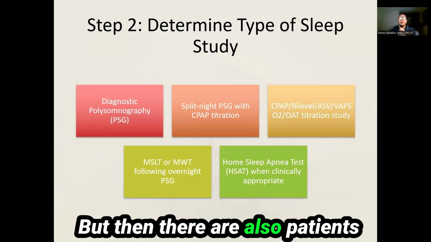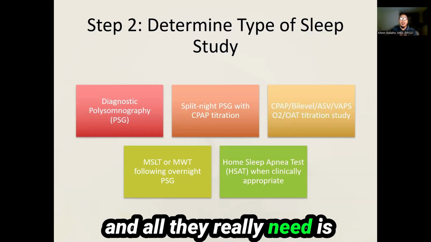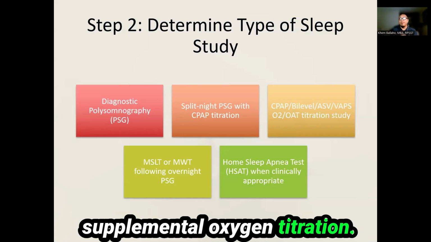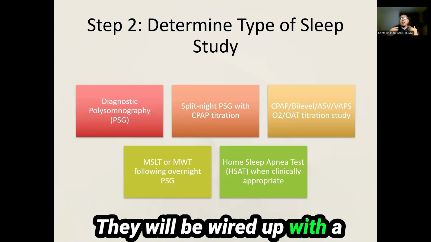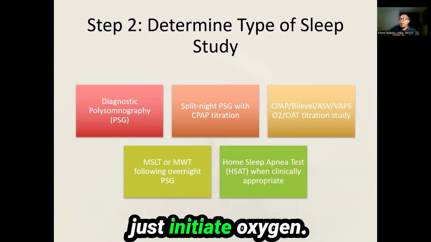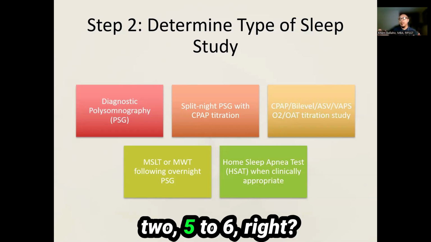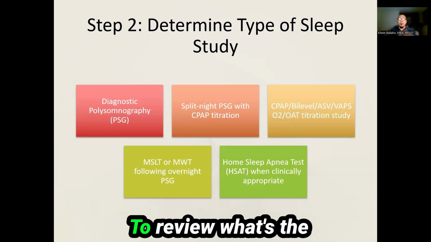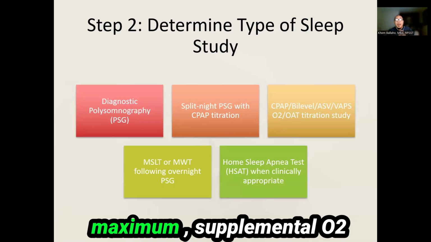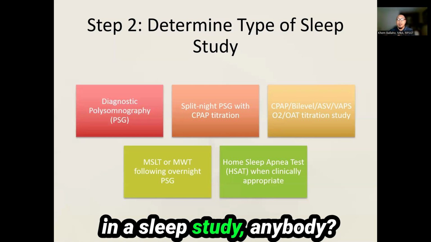But then there are also patients that will come in, get evaluated, and all they really need is a supplemental oxygen titration. They will be wired up with a full setup, and then the tech will just initiate oxygen. Okay, 1 liter all the way to 5 to 6, right? To review, what's the maximum supplemental O2 that we can give the patient in a sleep study?